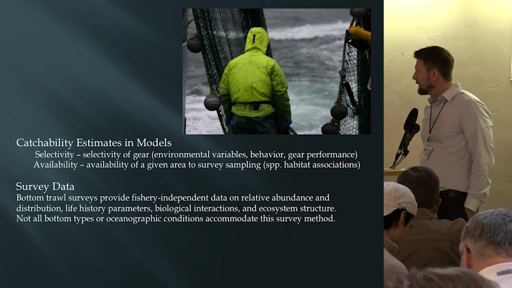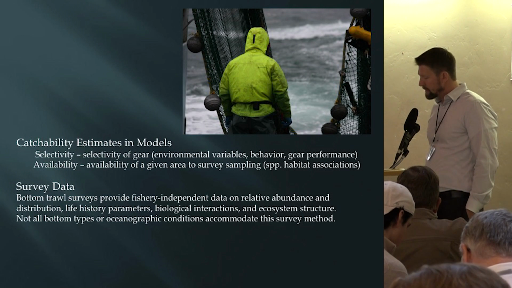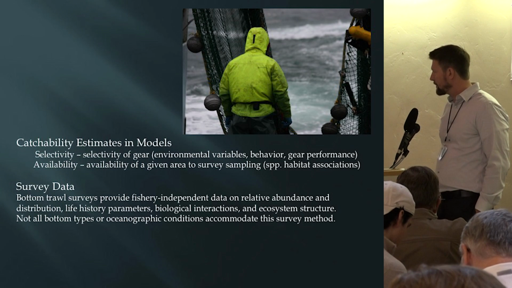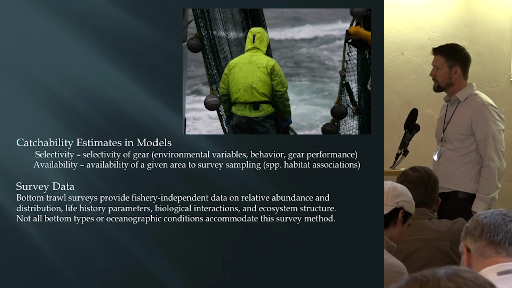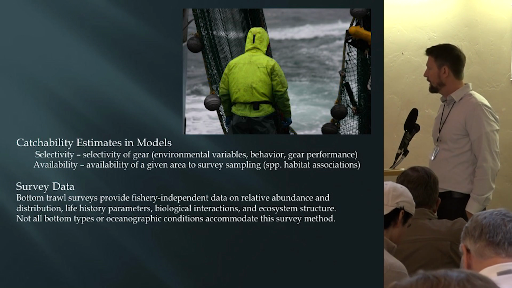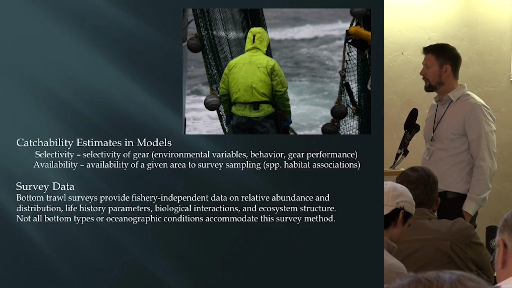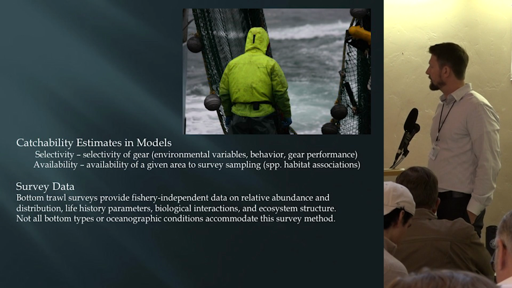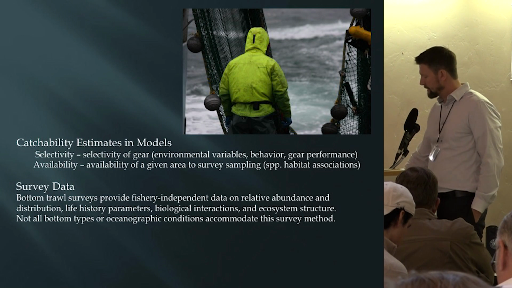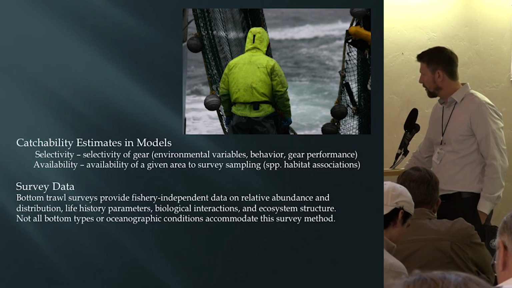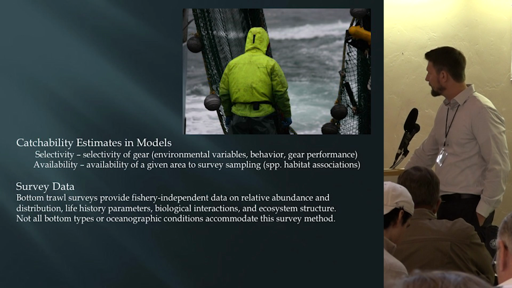So the survey data is used as our major fisheries independent data source. That's on distribution, provides information on relative abundance, and then also a suite of life history parameters and biological interactions and ecosystem structure. So given that we have some limitations about where we can sample, it's important to try and figure out how limiting that is and in what ways.